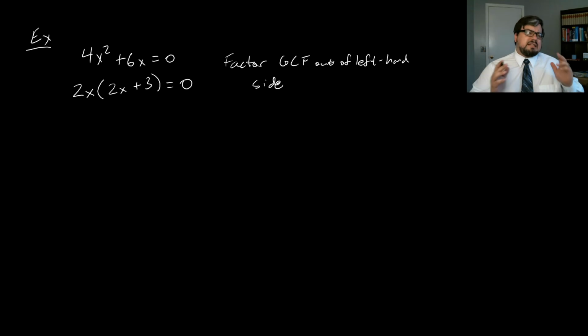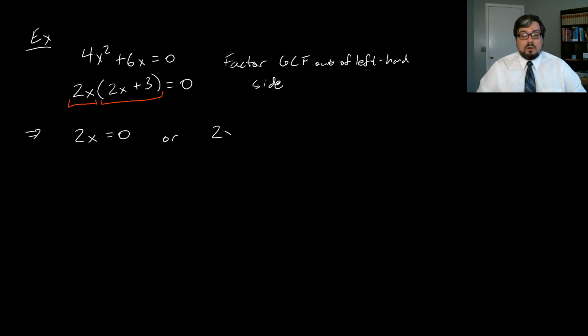Even though it doesn't look exactly like the ones that we did before, this is still two things multiplying together that equal 0. Whenever we have two things multiplying together that equal 0, we can always break that up to say that either the first one equals 0 or the second one equals 0. And now we can go and solve each one.